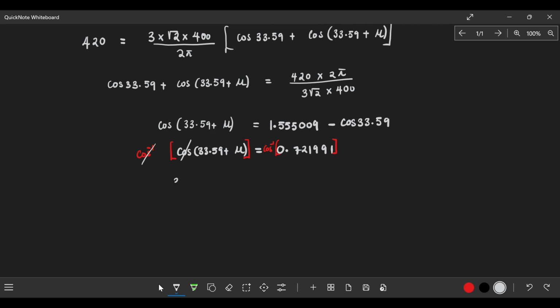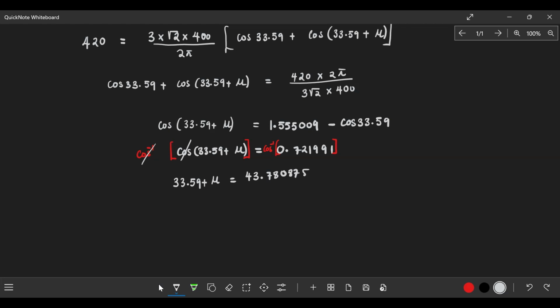So that just means 3.59 plus mu equal to cosine inverse of that. So you just have to take cosine inverse of that. So cosine inverse of this is simply 43.780875, something like that.